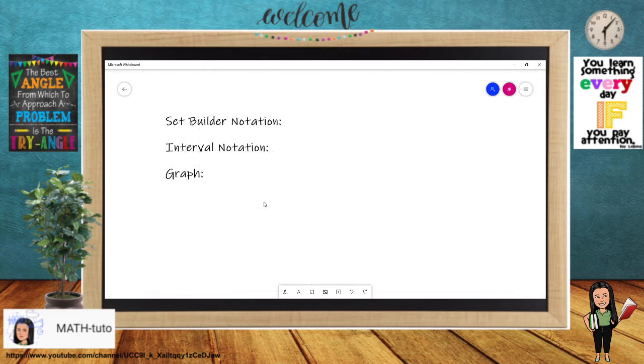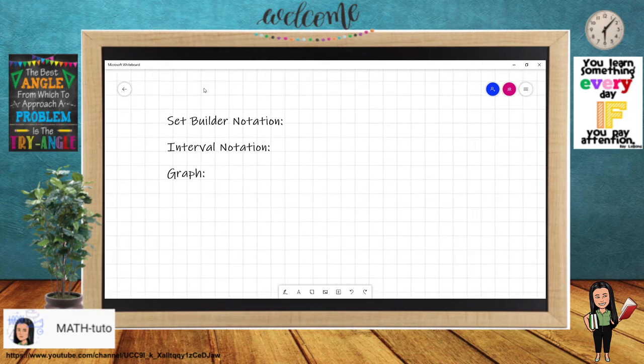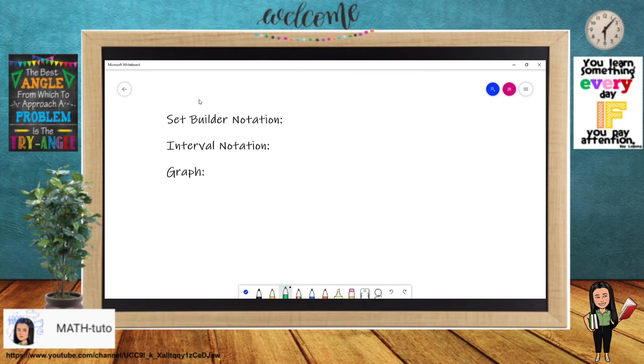Sige. Let's have an example. X is greater than or equal to 5. In set builder, this is the set of all x such that x is greater than or equal to 5.